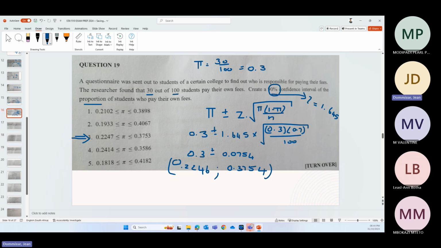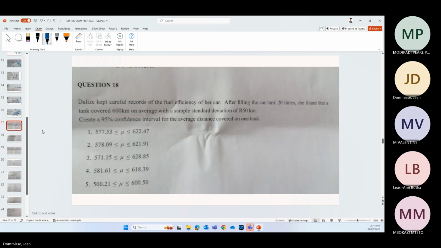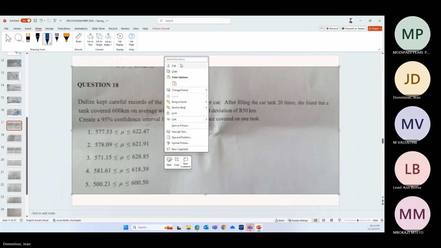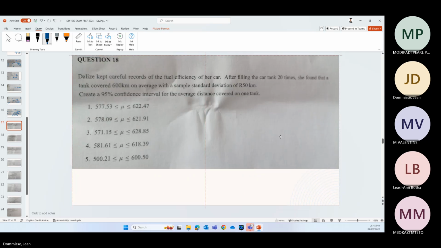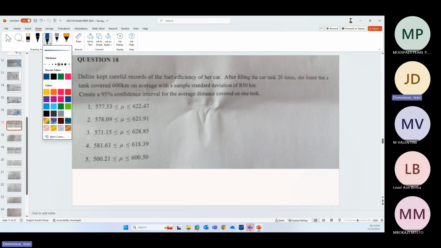Okay, so this was again confidence intervals with the proportion. Okay, another confidence interval. This time it looks like a mean, so we need to check whether the standard deviation is known or unknown. Let's see.